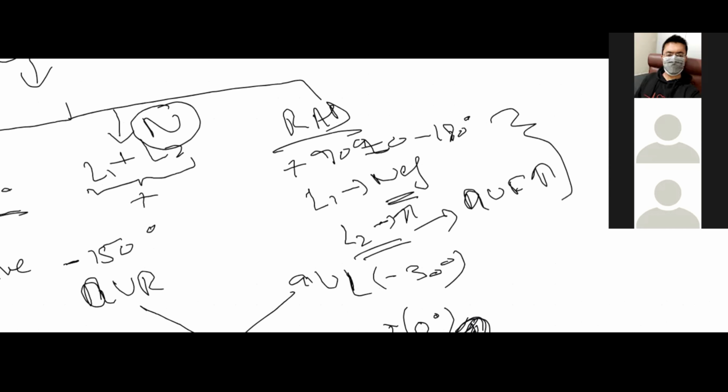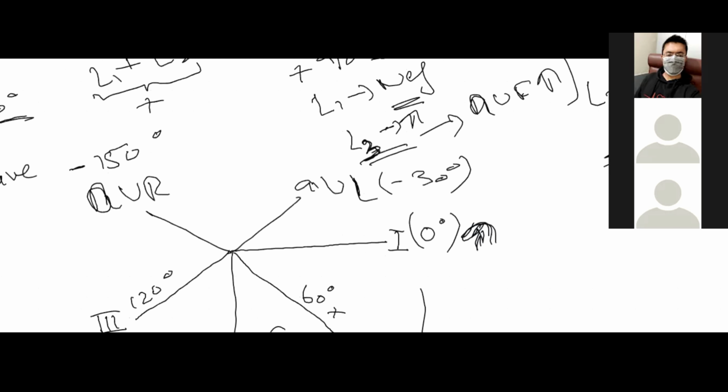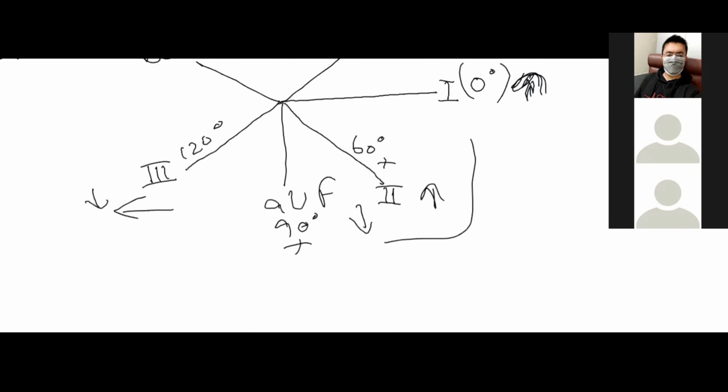Lead 1 becomes negative. Normally lead 1 is positive. And lead 3 and AVF will become positive. I hope you guys understood till now.